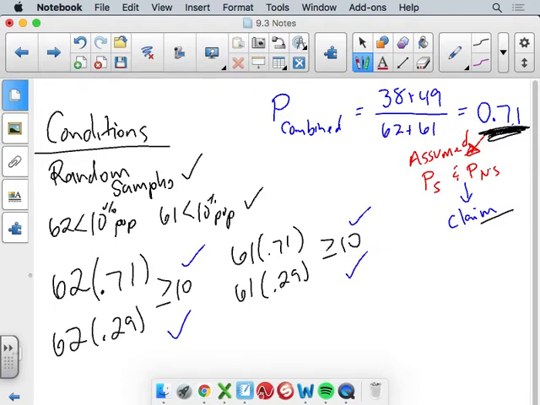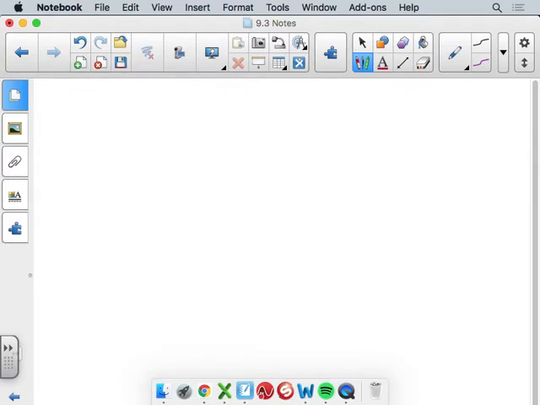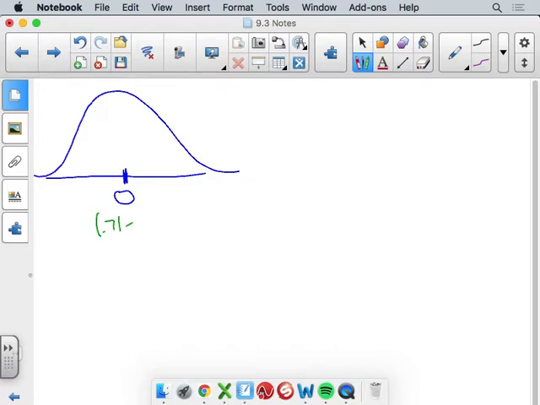Alright, I need another page, a big problem here. You don't have to write the mean, how about I just draw a picture? So here's my picture, not the best one. The mean, we think the two true proportions are both at 71%, so the difference between them is 0, that's 71 minus 71.